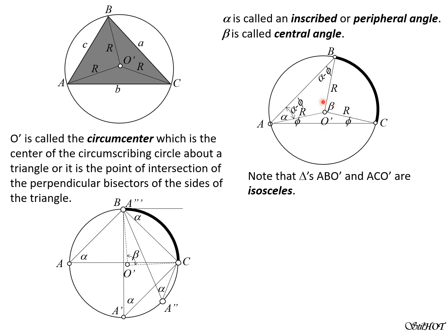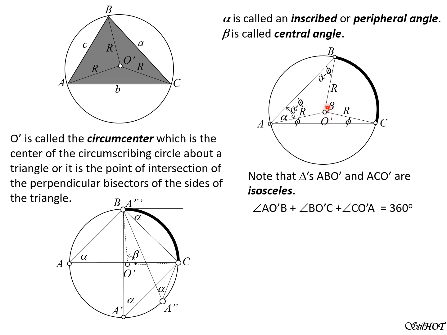And this angle here is equal to 180 degrees minus 2 times quantity alpha minus P. Remember the sum of the interior angles of a triangle. So the sum of angles A, O prime, B, then B, O prime, C, and C, O prime, A will be a full angle, and that is equal to 360 degrees.